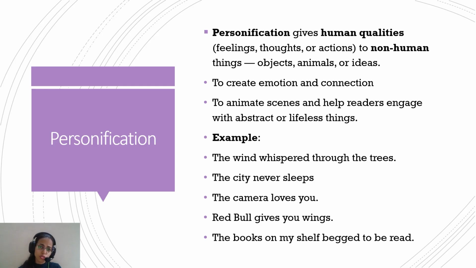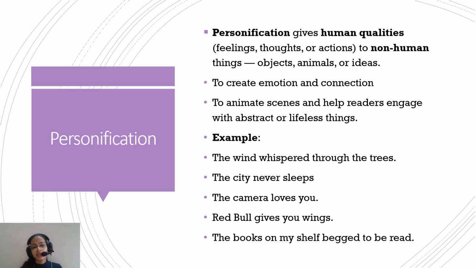The Panchatantra stories you might have read in your childhood, where the animals could speak like humans. Those animals were given the human-like quality of speaking. Animals can't speak the language, but they are given human-like communication. So that is personification.